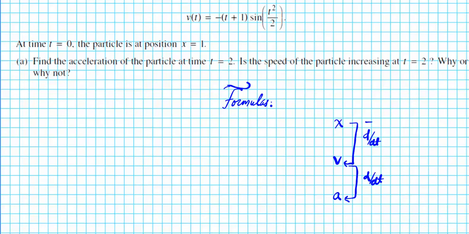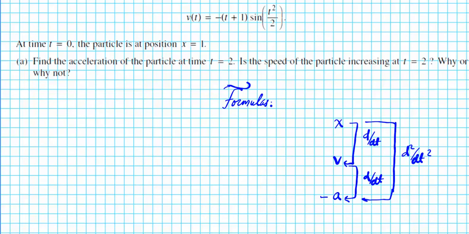If you're going from position all the way to acceleration, you differentiate twice. You find the second derivative of position. Now, when you're going down, you differentiate. When you're going up, you integrate.